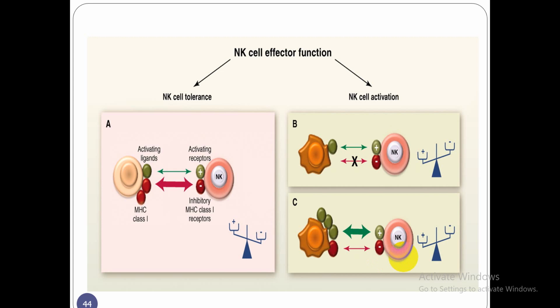So if we have more activation of activating receptors, the NK cell becomes activated. But if the cell is not a stressed cell and provides a sufficient amount of MHC class I molecules, they can attach to inhibitory receptors on the surface of the NK cells, and so the NK cell cannot be activated.